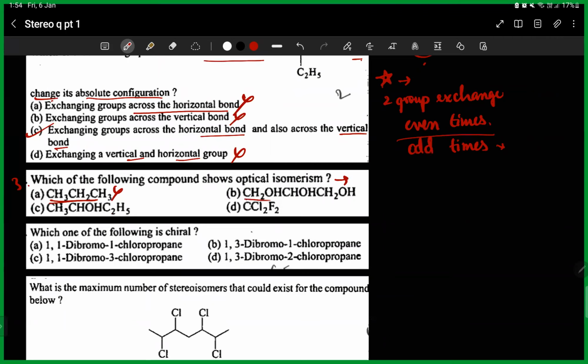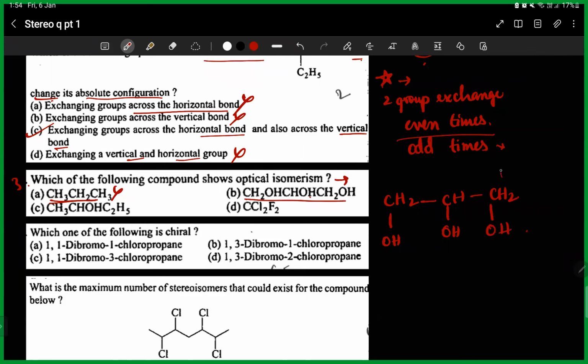So let's look here. You have CH2OH, then CHOH, and then CH2OH.